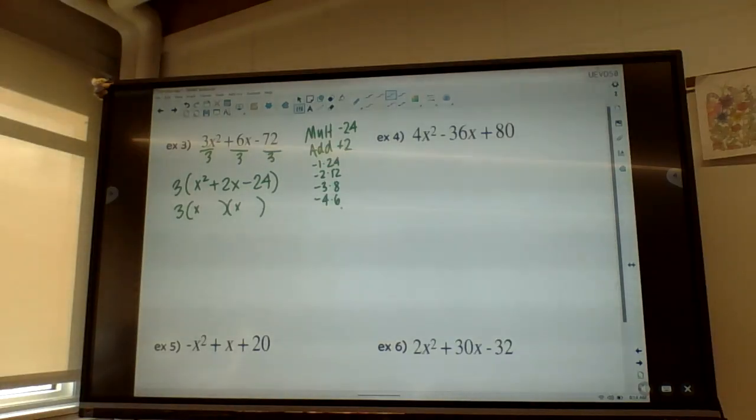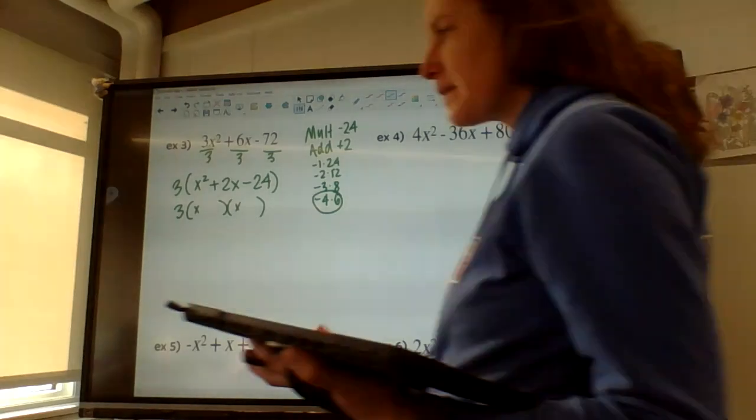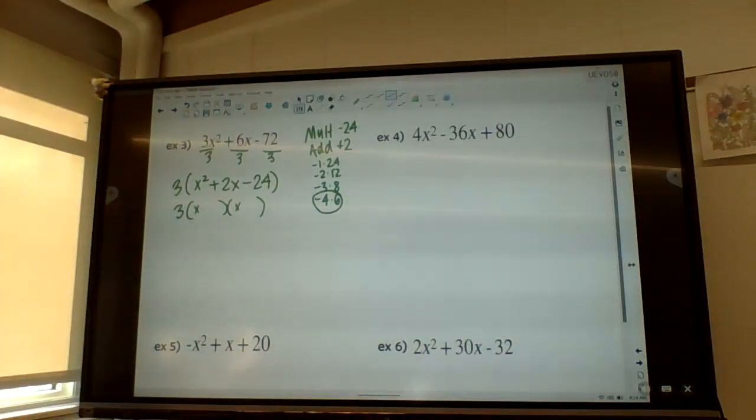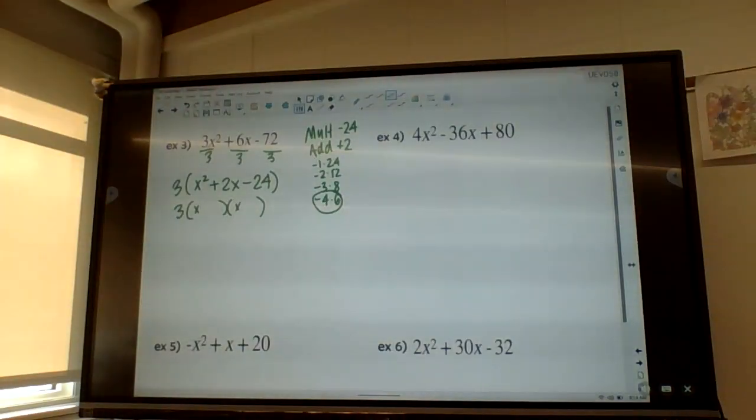Once I find the one that works, like I know negative 4 and 6 would work because that'd be a positive 2, then I can stop looking. I don't have to keep making my list. So negative 4, positive 6. And remember, the order you put them in doesn't matter as long as the 6 is the positive one.